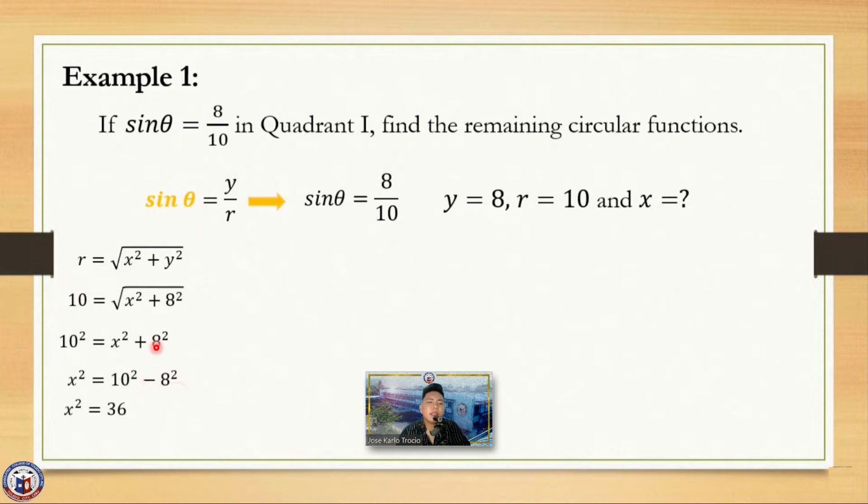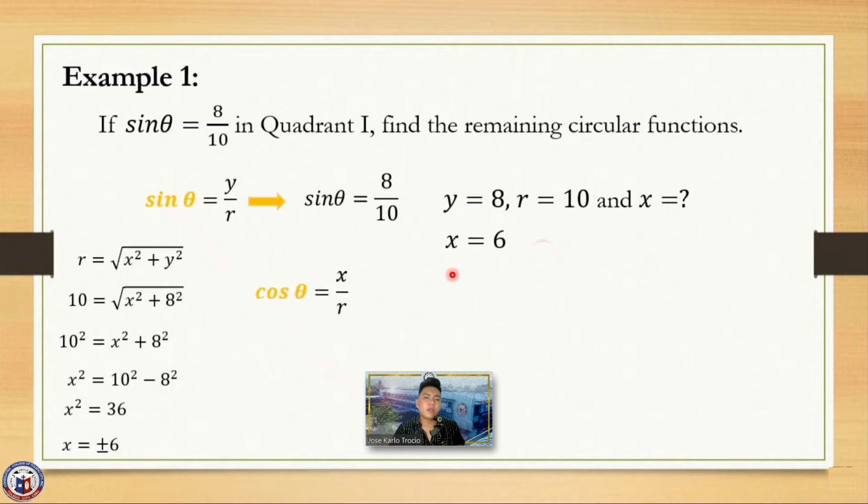So 8 squared is 64. 10 squared is 100. 100 minus 64 is 36. Square root of x squared is x, and square root of 36 is positive or negative 6. But in this case, we are going to use the absolute value, which is 6.